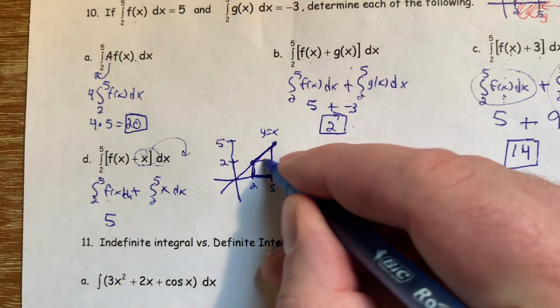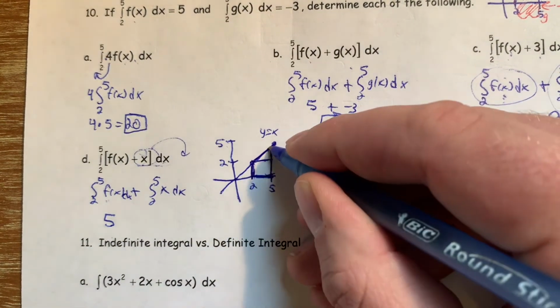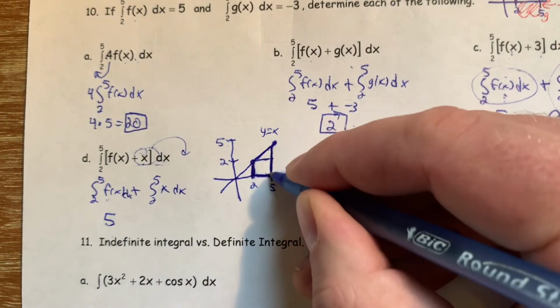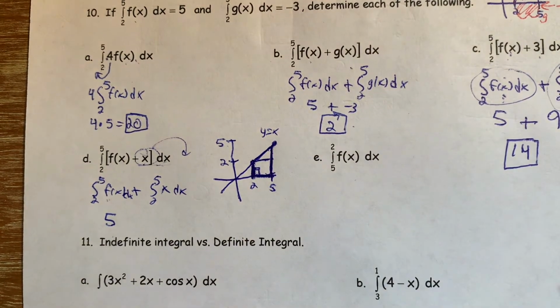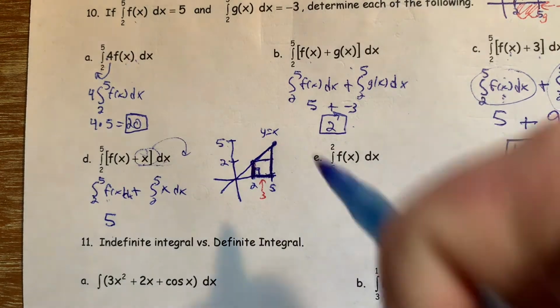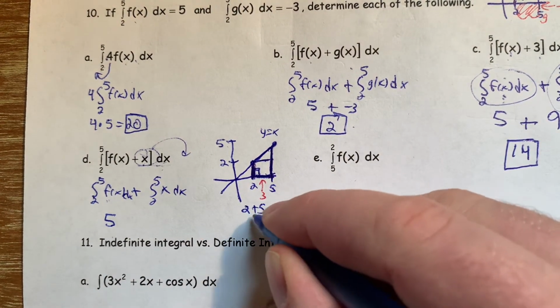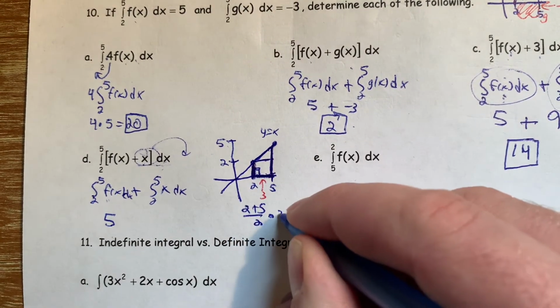Again, you can split it up into a rectangle and a triangle, but I strongly recommend learning how to find the area of a trapezoid when there are 2 parallel bases and a height. So the height here is obviously 3, and the parallel bases are 2 and 5. So we add 2 and 5 together and divide by 2, and we multiply that times the height.